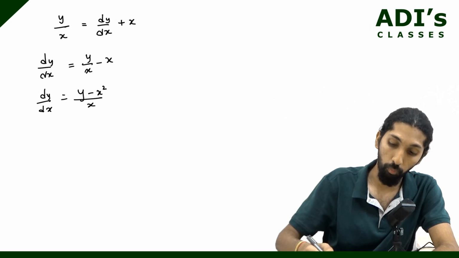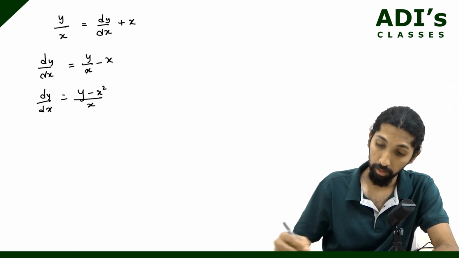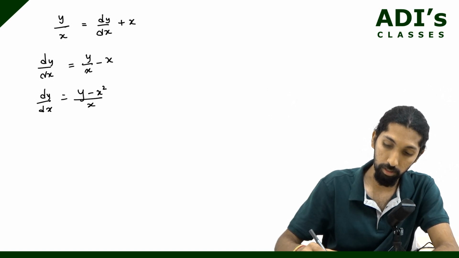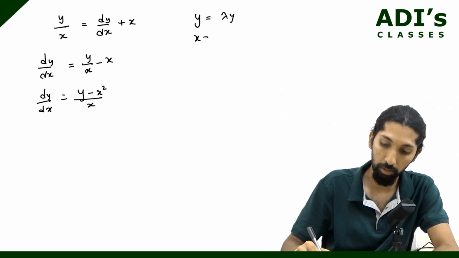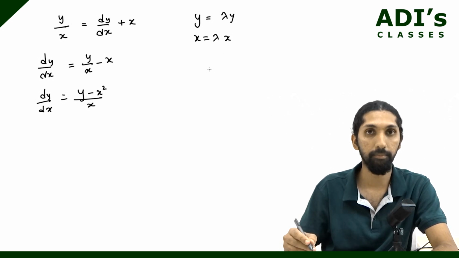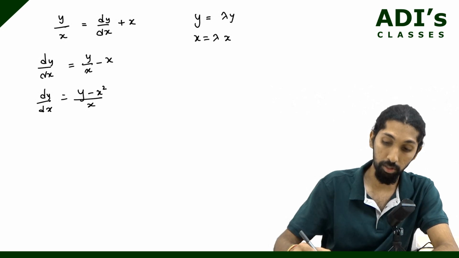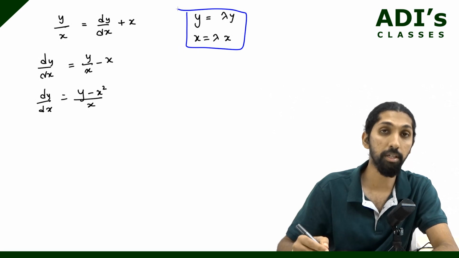In the sense, what if we substitute y is equal to some function lambda into y and x is equal to lambda into x? Remember, this is what we are substituting.